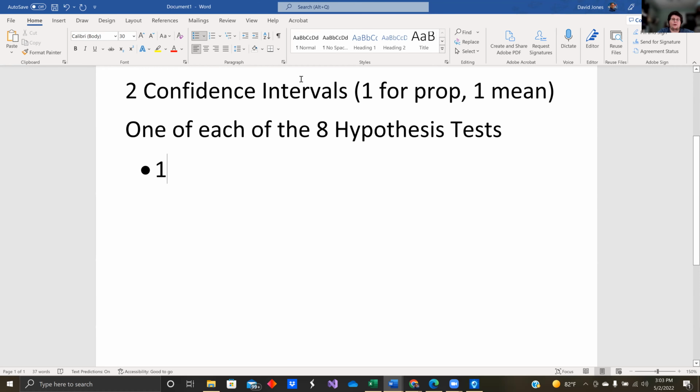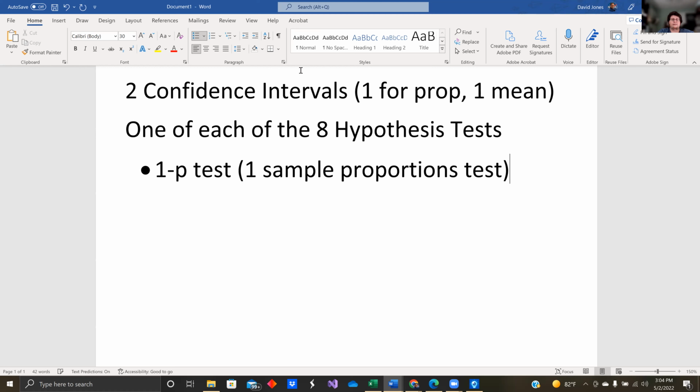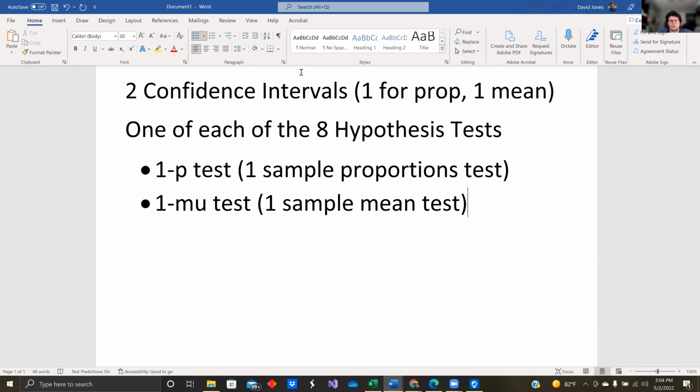We've covered the 1 proportion test, or the 1P test, which is the 1 sample proportions test. We've done the 1 mean test, the 1 mu test, which is the 1 sample mean test. And those were our 2 single sample tests.